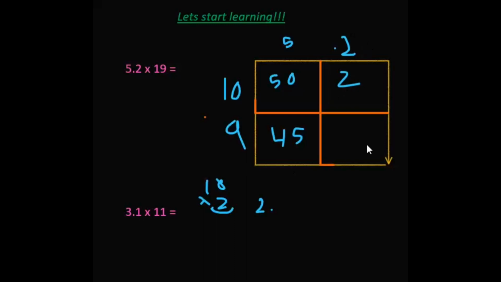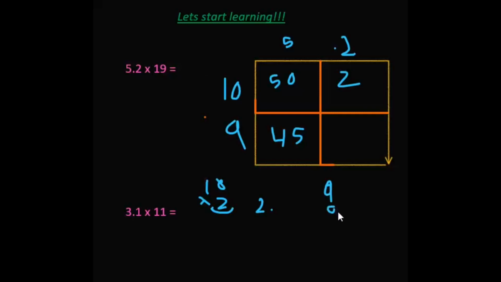Now let's do 9 times 0.2. So 9 here, and then 0.2. Oops, I have to align them. Remember to align them.